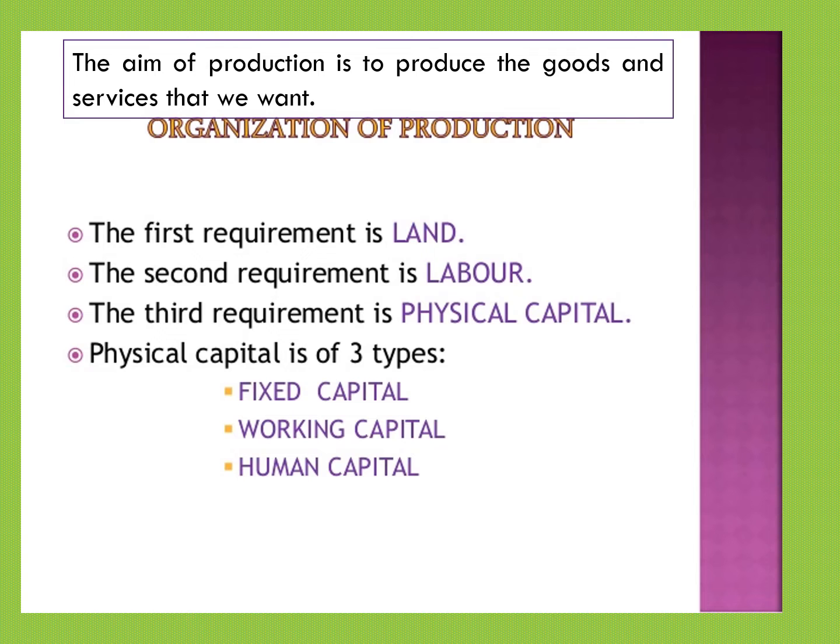And the entrepreneur uses his knowledge and skill to combine the first 3 factors of production. While we are doing organization of production, we are going to talk about land, labor, physical capital, which is fixed and working capital, and then we will talk about human capital.